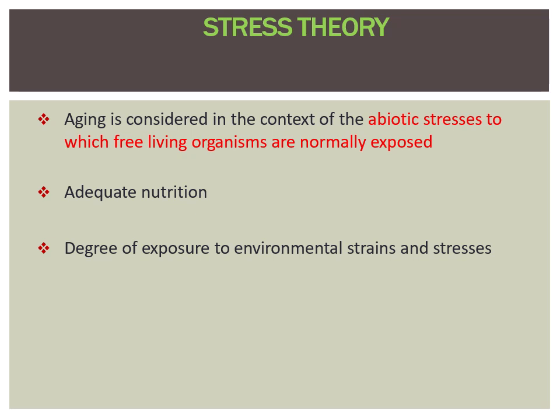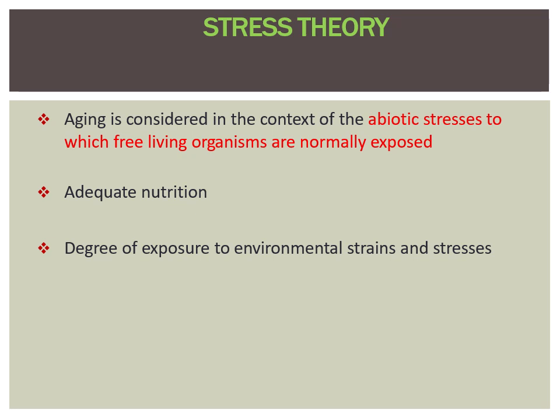Stress theory states that aging is considered in the context of the abiotic stresses to which free-living organisms are normally exposed, and a degree of exposure to environmental strains and stresses. Abiotic stress means the negative impact of non-living factors.